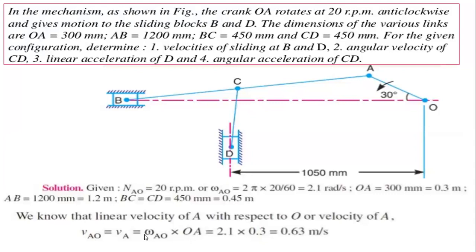That is the formula for the velocity of A. We know the angular velocity of AO and the length of AO, the crank.